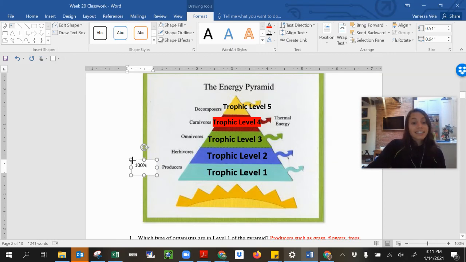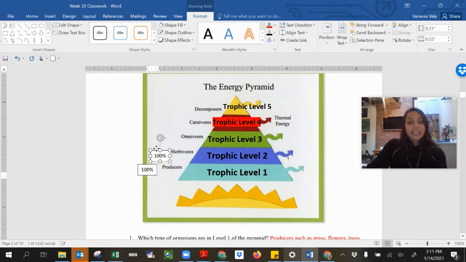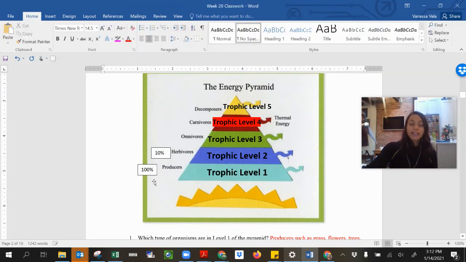It's not 90, it's not 80, it's actually 10%. If the producers have 100%, the energy in trophic level 2 with the herbivores has 10%, because the next level up only gets 10% of the energy this bottom organism has, because of everything else. Like 90% of the other energy is released as heat.